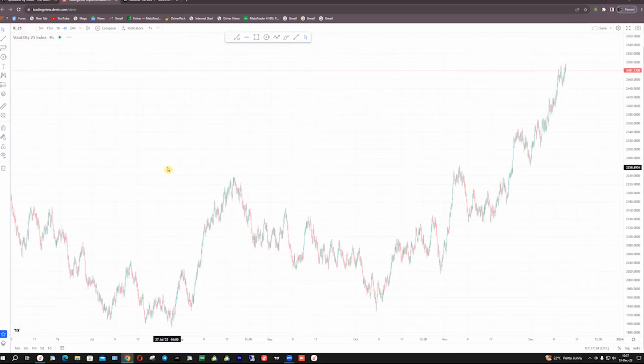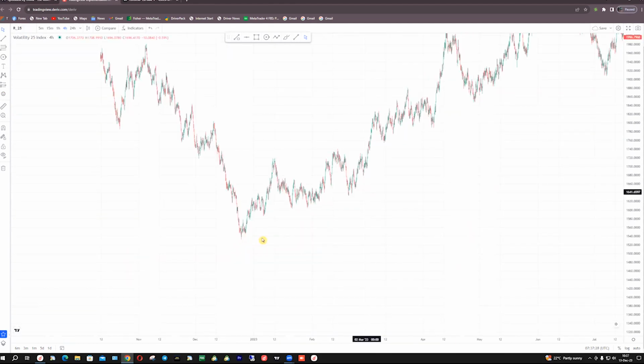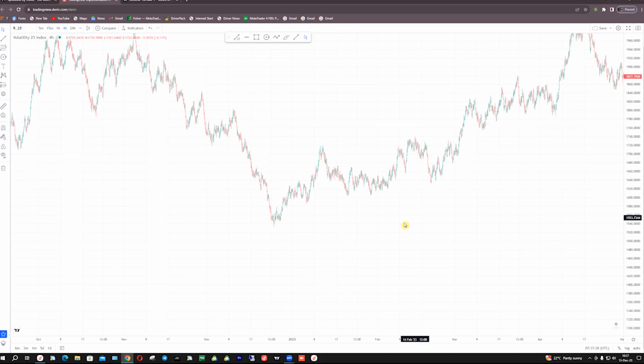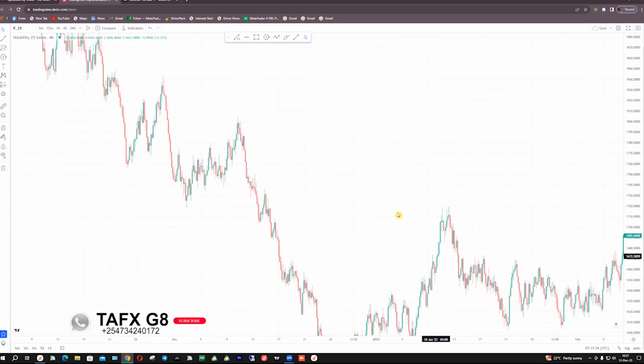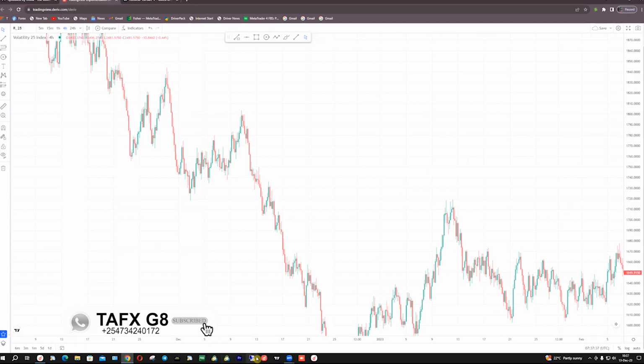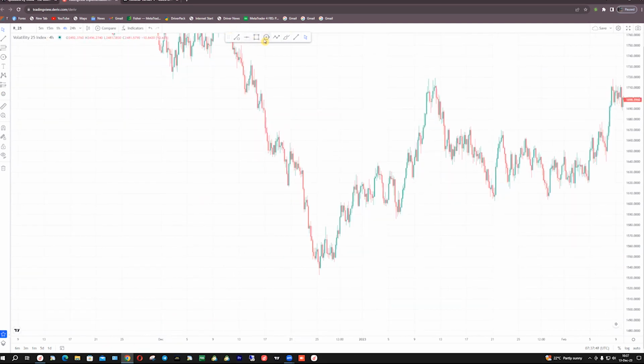V25, right, guys? So first, let us see where the market is, and from there we will be able to see where we are supposed to do our work. This is our last lower high before the market changed direction. This is our last lower high, and this is our last lower low.